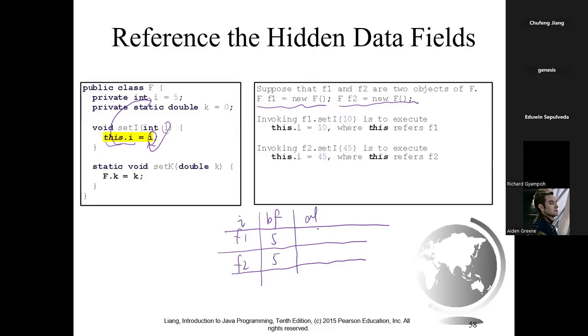After we call f1.setI, it becomes 10, and f2.setI, it becomes 45. This is, we say, hidden data fields. We set the data fields as private, but we expose a method to set it to another value. That is the set method.